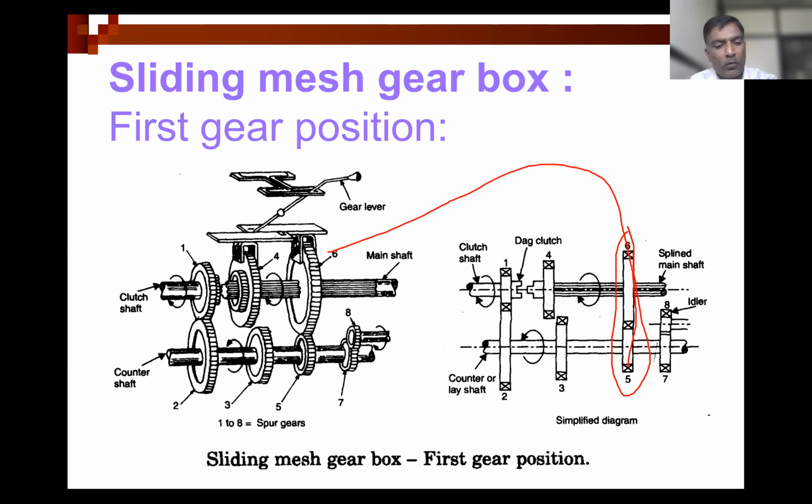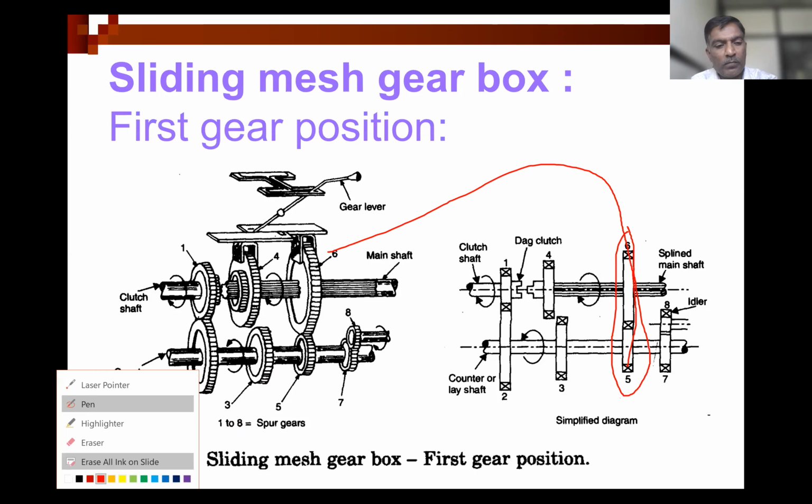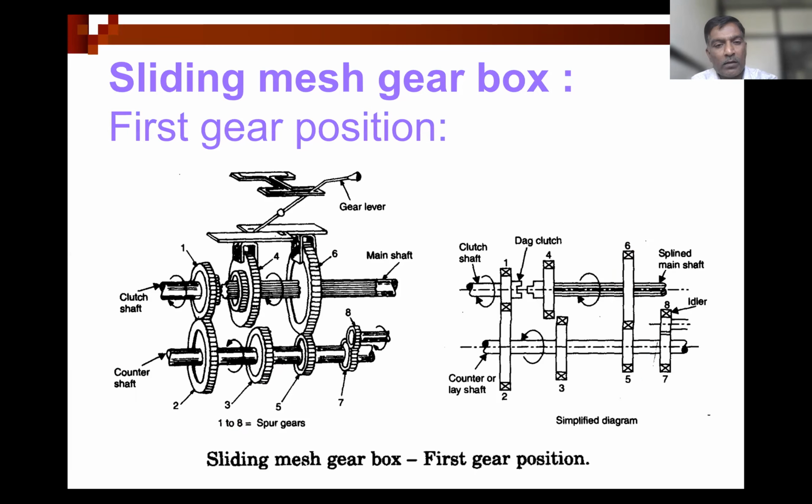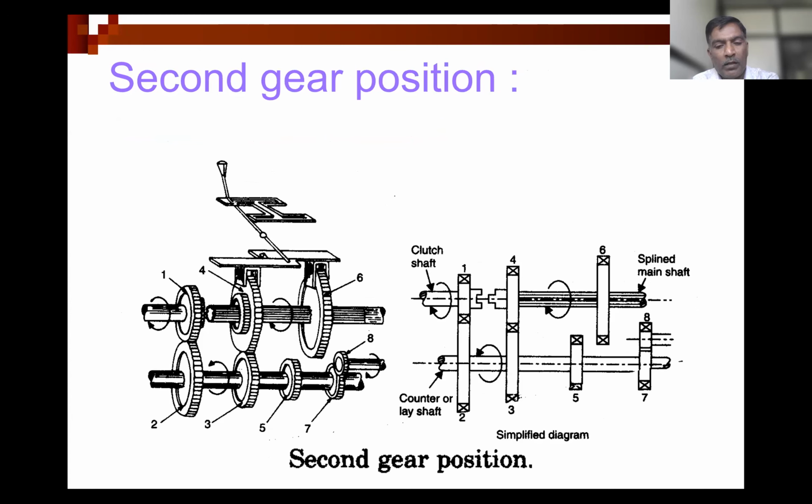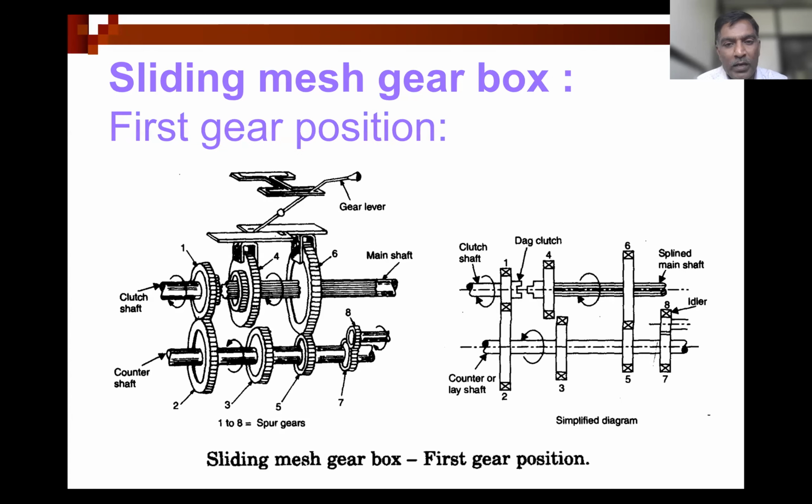So why is it called a sliding mesh? Because gears are slid to get the required or desired meshing to have the desired torque transmission. Then once the vehicle is started from its stationary position, torque requirements are less. So now we need to have second gear.